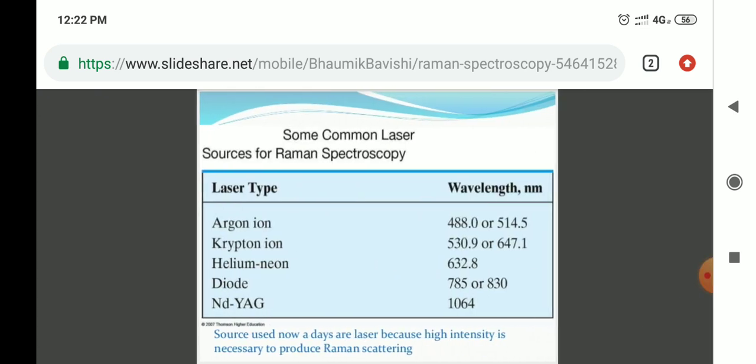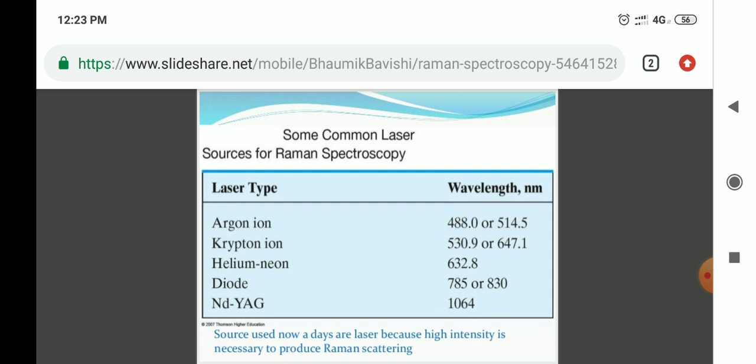Next are some common laser sources for Raman spectroscopy. First, laser type and their wavelength in nanometers. The types are argon ion, krypton ion, helium neon, diode and Nd:YAG. For the argon ion it is 488 or 514, and krypton ion is 513.9 or 647.1.